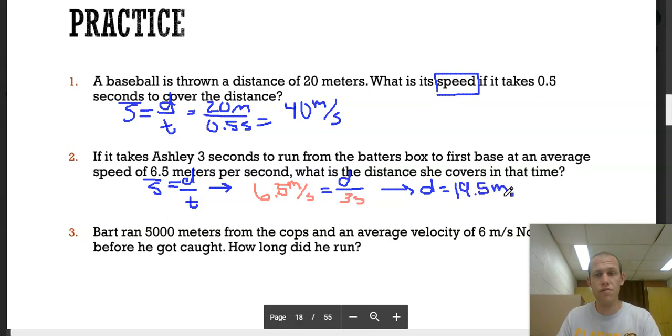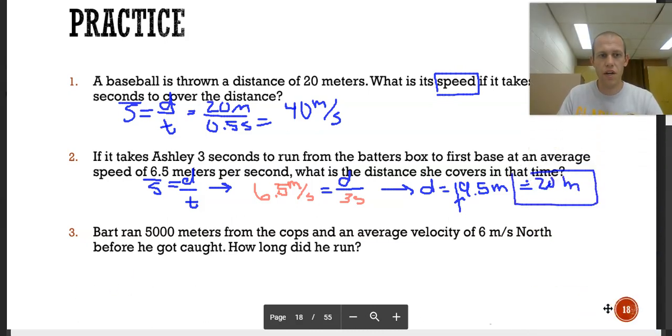And if I think about sig figs, I have 3 seconds and 6.5 seconds. Multiplication and division rules state take the least number of sig figs, the least precise number of sig figs, I think is how I worded it, which is 1. So I have to round it to right here, which would be approximately 20 meters. So notice there's no decimal point, and I did write the approximate symbol right there.